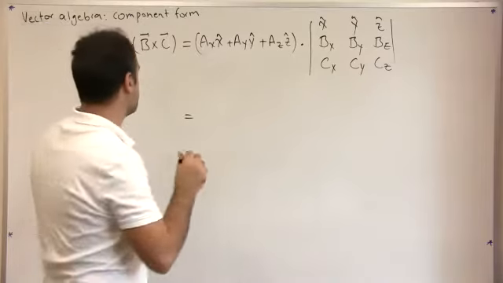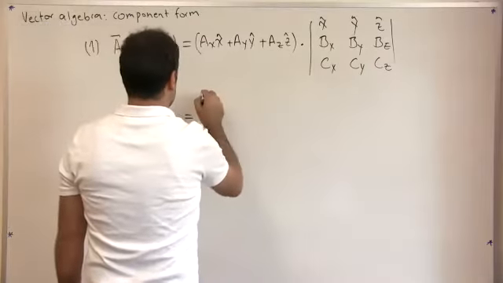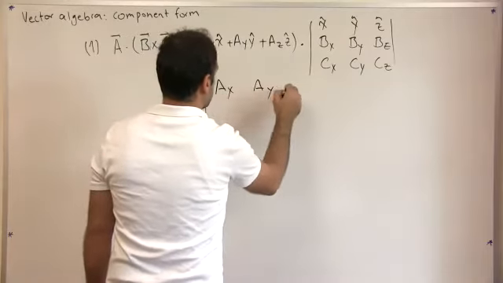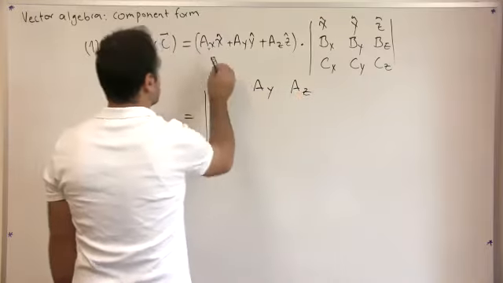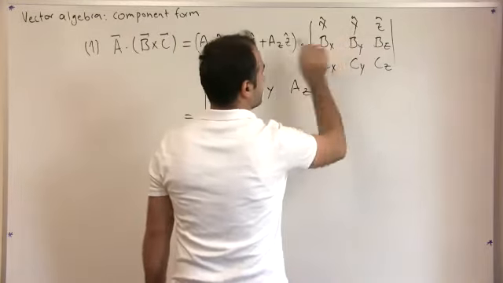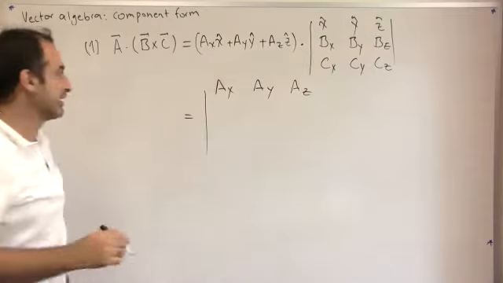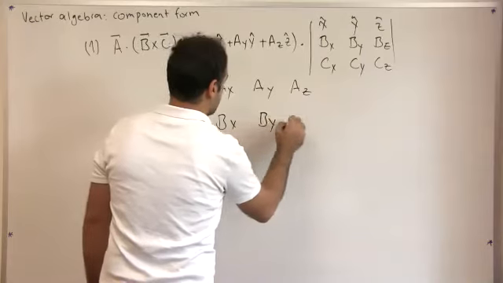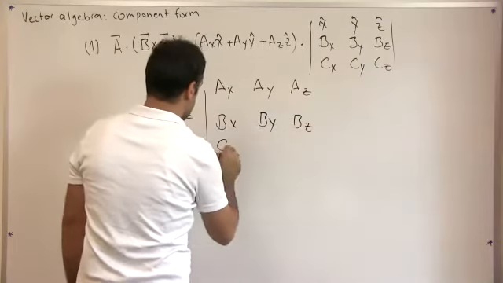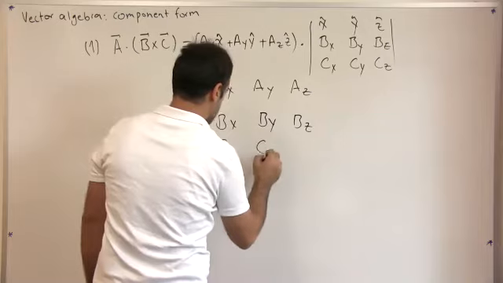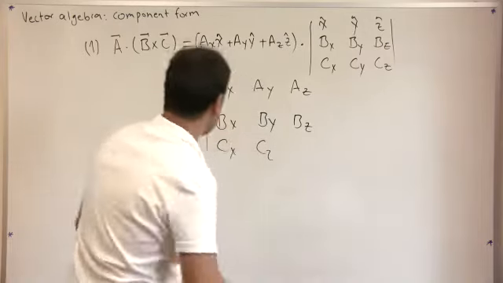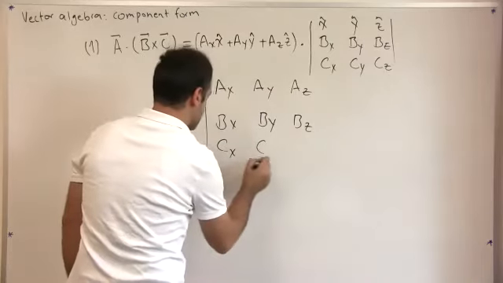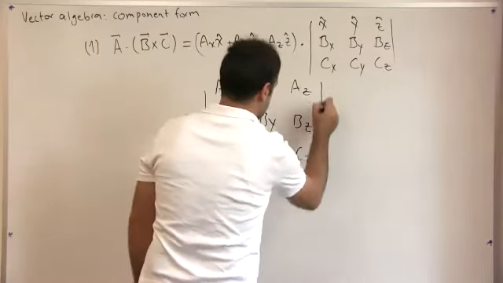And if that is the case, this whole combination, the product, becomes AX, AY, AZ. So the components sit here at the position of the unit vectors, and the next lines become BX, BY, BZ, and CX, CY, and CZ here.